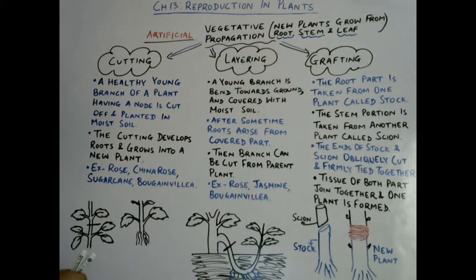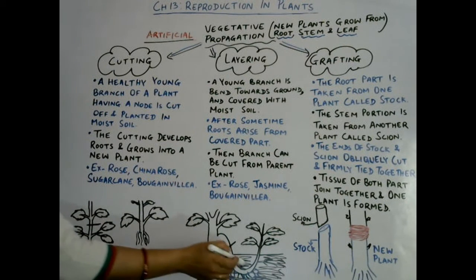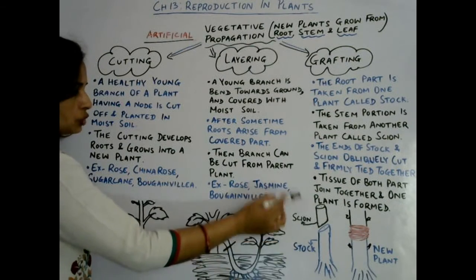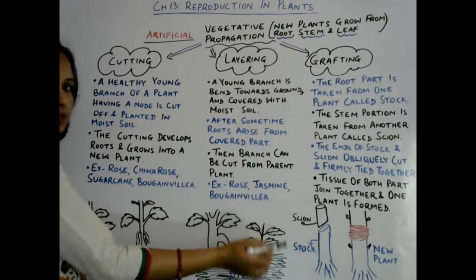Okay, next one is grafting. Grafting is also a method to grow new plants, and it can be seen in the mango plant. The desired variety of a particular plant can be grown by this method. So what should be done in this method? There should be two plants in the method of grafting.